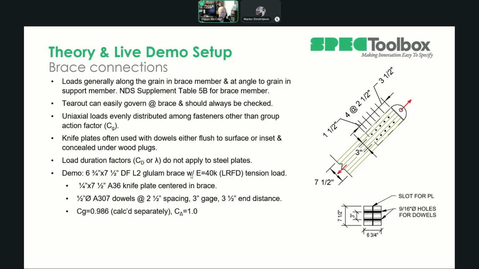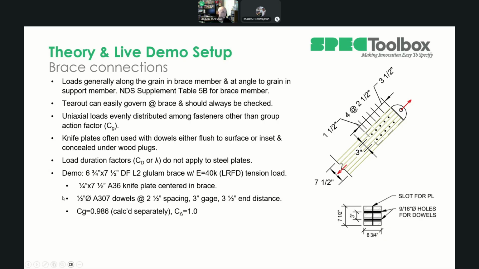And then I've calculated separately the group action factor at 0.986 and C delta. I'm making sure it's 1.0 by spacing everything out the way I did. So I've got the 5D on my spacing in the row and 6D in between, 7D on the end. So I'm good all there.